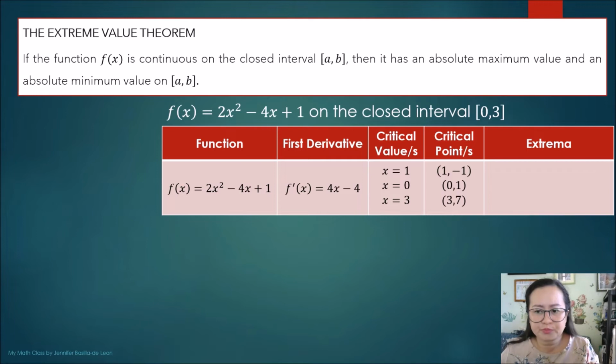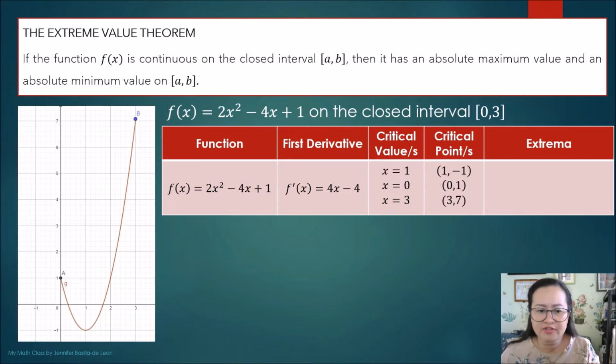Now, looking at the graph of the function f of x equals 2x squared minus 4x plus 1 on the closed interval from 0 to 3, we can plot here the critical points. So we have (0, 1), and then we have (3, 7), and then we have (1, -1).